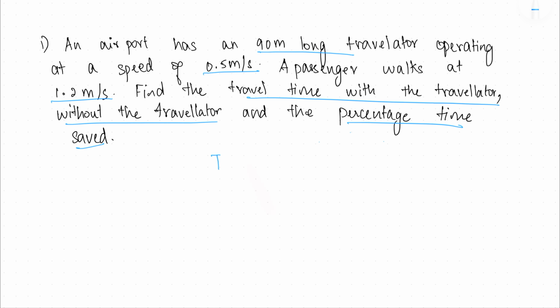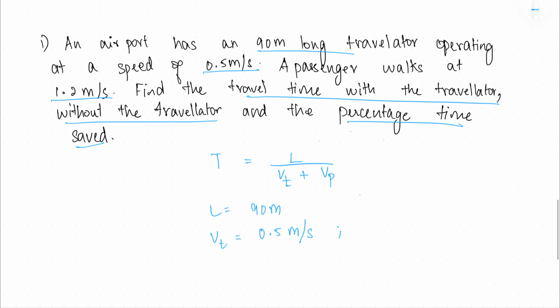T is equal to L by Vt plus Vp, where L is the length of the travelator, which is 90 meters, and your length should be taken in meters. Vt, which is the speed of the travelator, is 0.5 meter per second, and the walking person's speed is 1.2 meter per second.